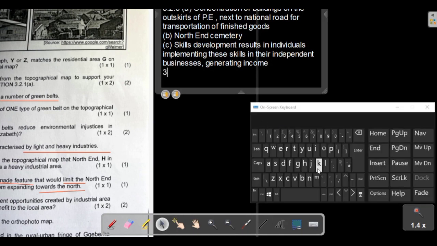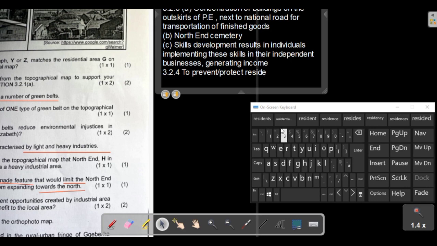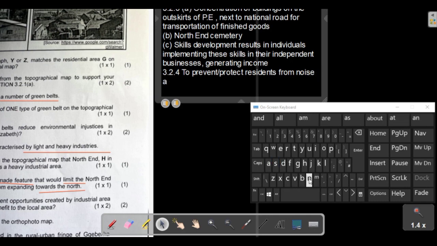This is to protect residents in residential areas from noise and air pollution.